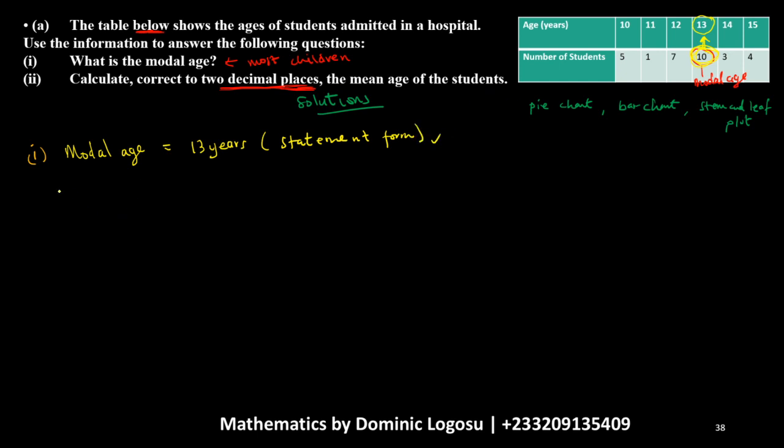Now let's go ahead and look at the other part of the question that requires us to find the mean. Now, to be able to find the mean, when you state the formula, the symbol for mean is an X with a bar on top of it. Some people make the mistake of confusing it with pi.